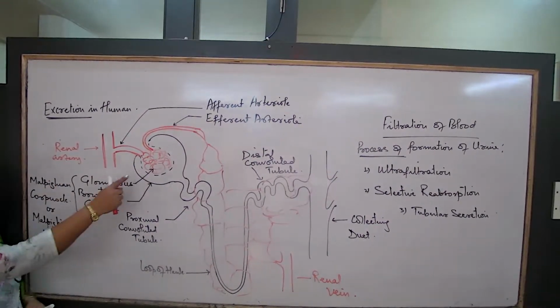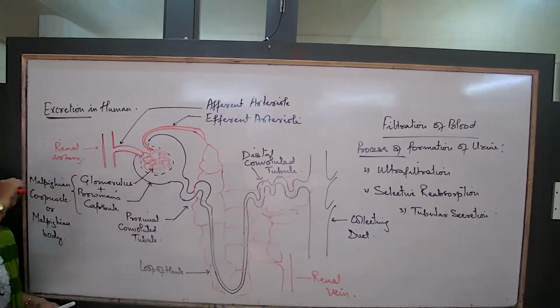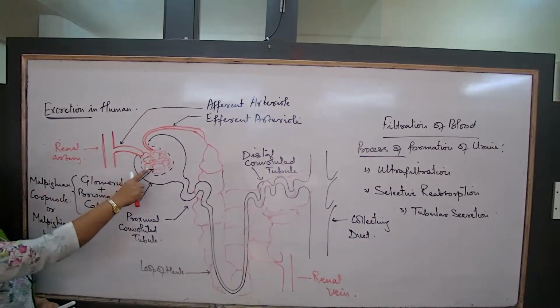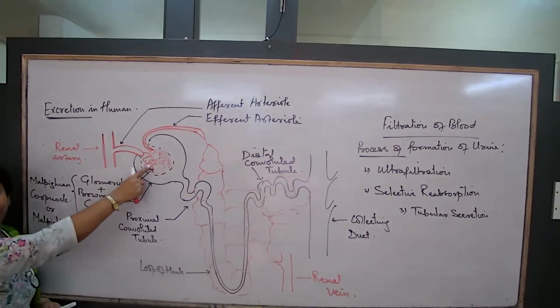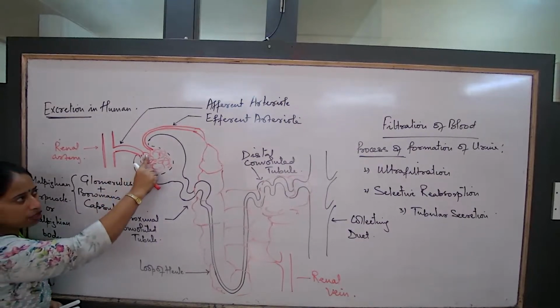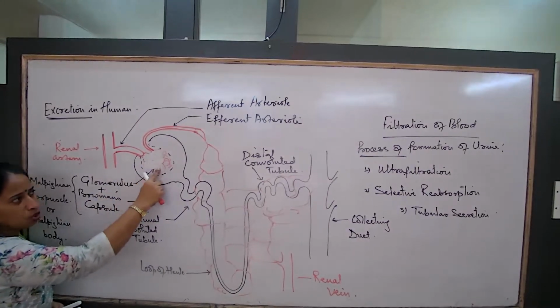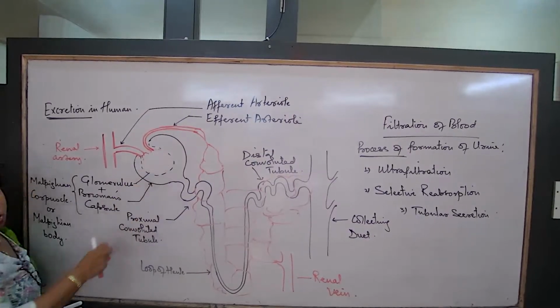Now, these are sets of blood capillaries, a whole network of blood capillaries that I am talking about. But to understand ultrafiltration, I may think of only one single capillary. So I am just erasing this to understand what would happen in one of these capillaries only.